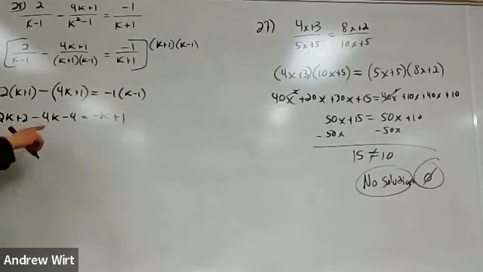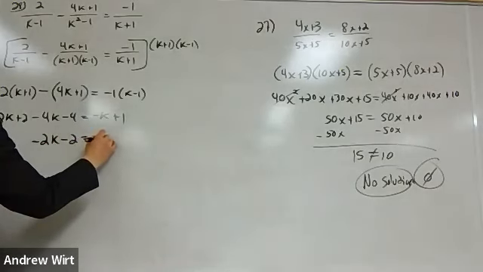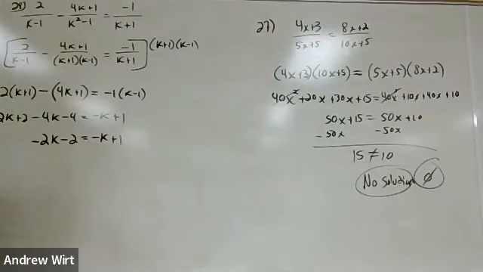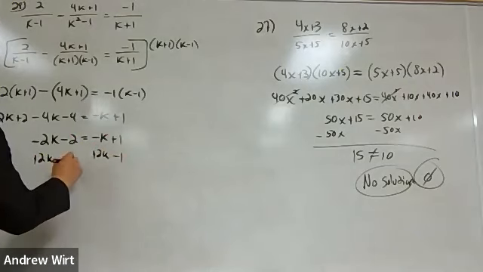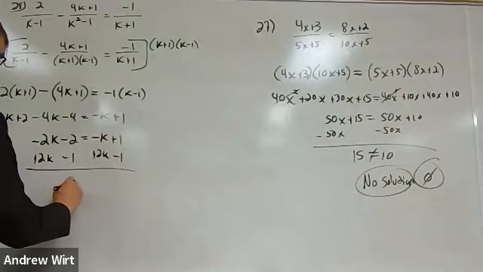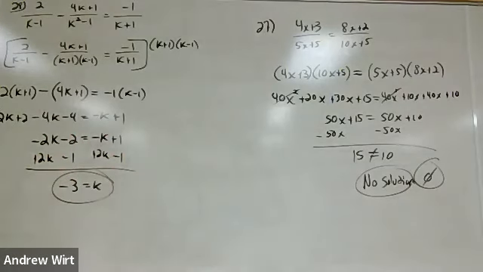Combine like terms. And solve. We get k is negative 3.